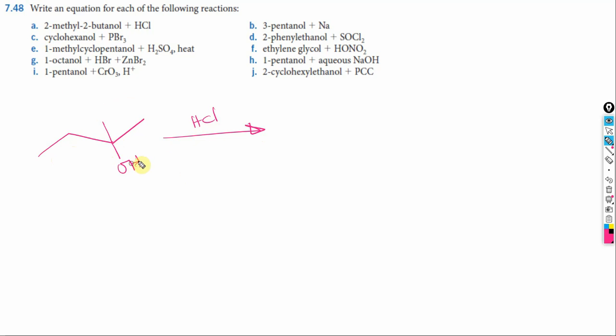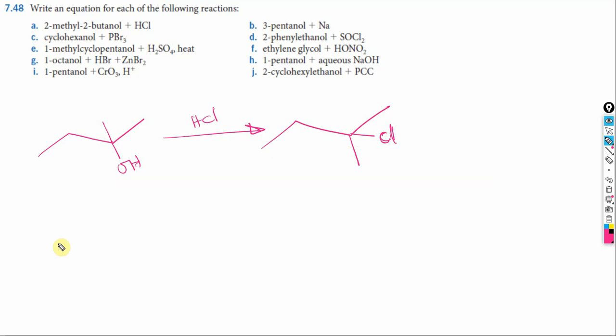H plus is going to protonate the alcohol, make it a good leaving group. Alcohol leaves, you get a carbocation, and then the Cl minus makes a bond with that. So the product is going to be 2-chloro-2-methylbutane, right? That's a product.